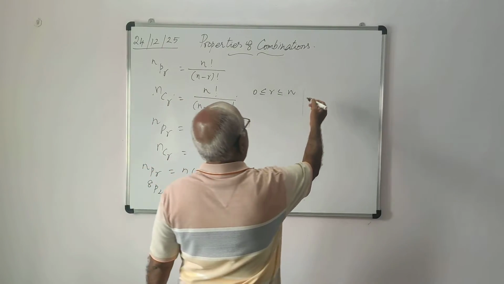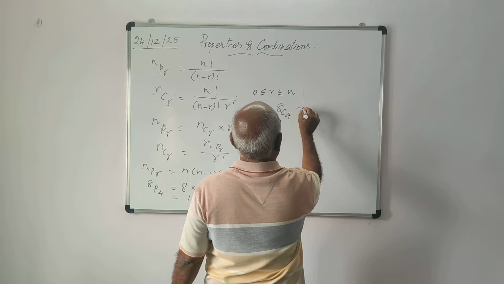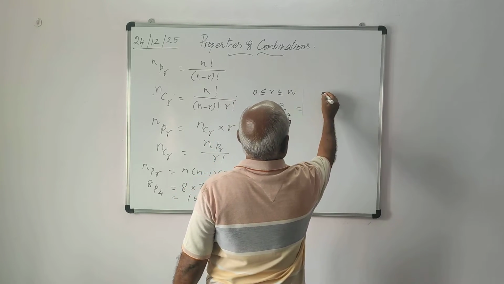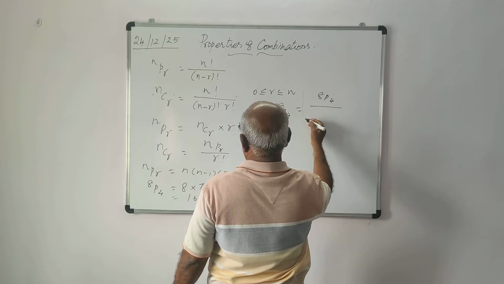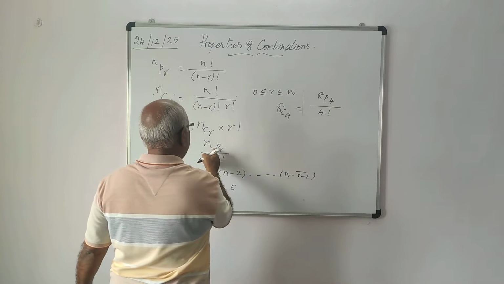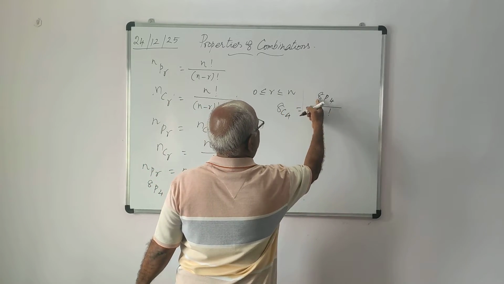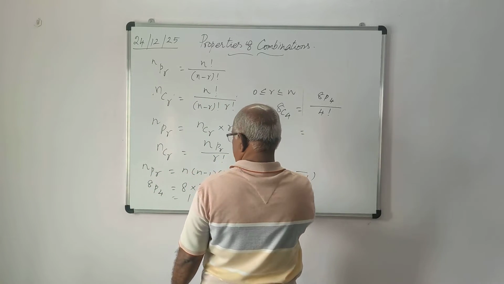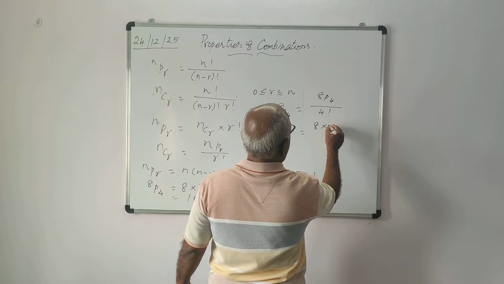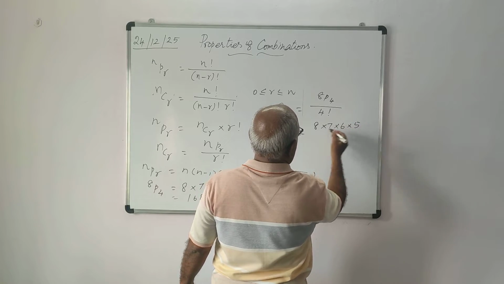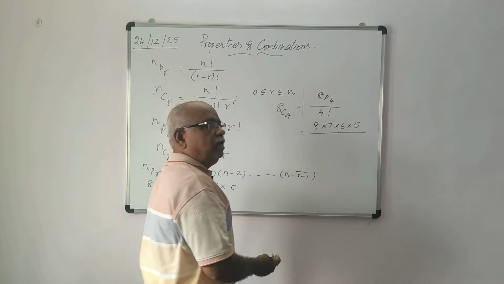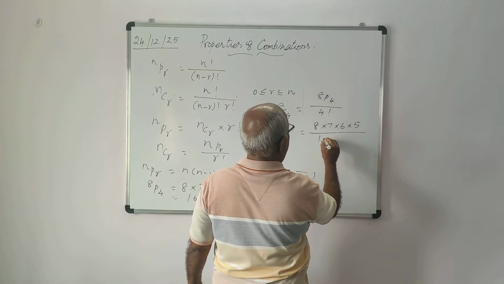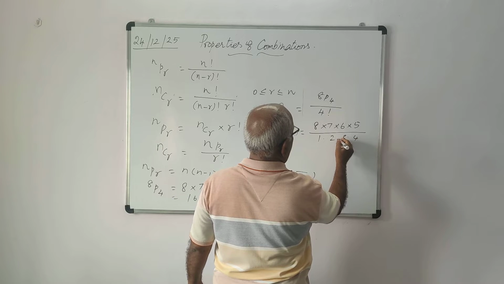For the value of 8C4, you can use the result nCr equal to nPr by r factorial. So 8P4 is 8 into 7 into 6 into 5, that is n into (n minus 1) into (n minus 2) into (n minus 3), divided by 4 factorial, which is 1 into 2 into 3 into 4.